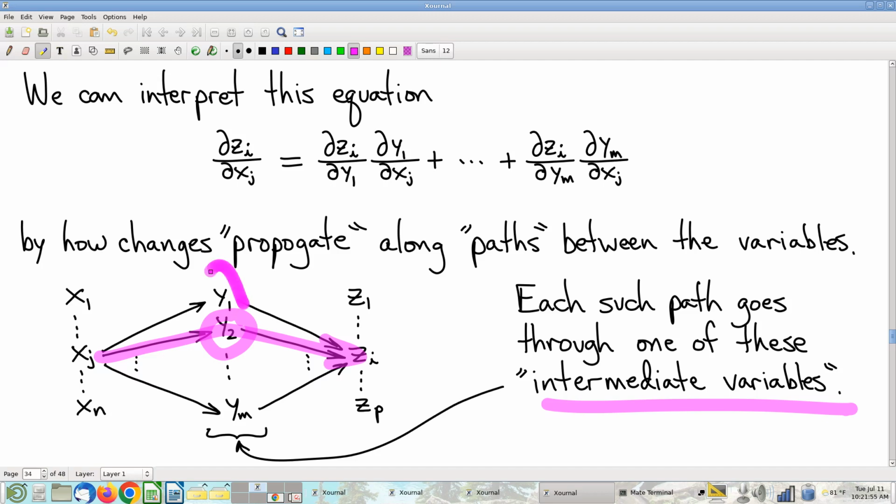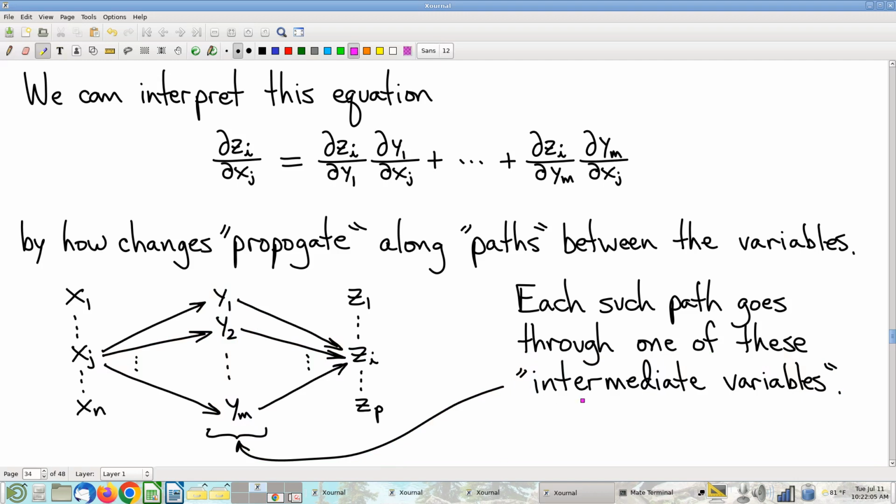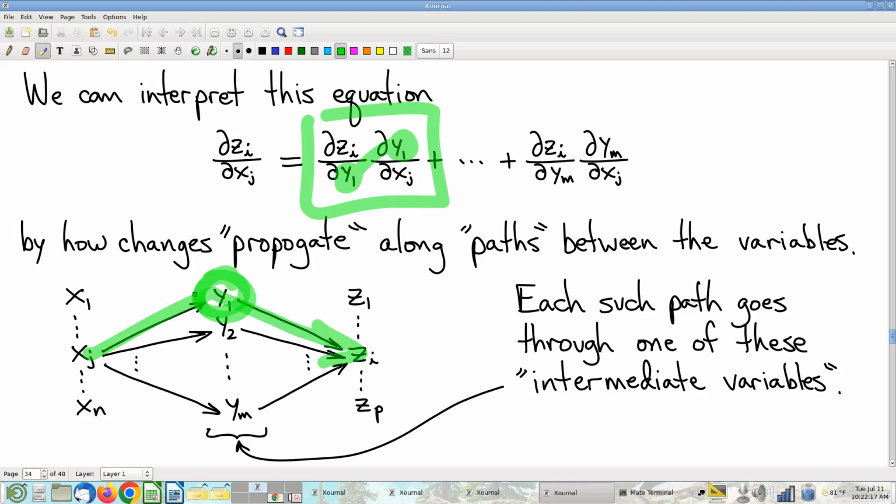Each intermediate variable corresponds to a path and therefore corresponds to a term. For example, we would call this the y1 term because this term corresponds to the path that goes by way of y1. Is that cool?